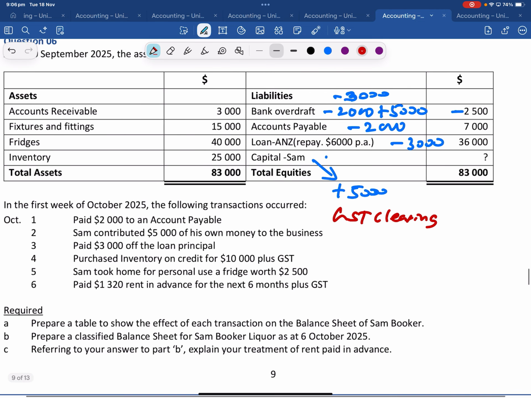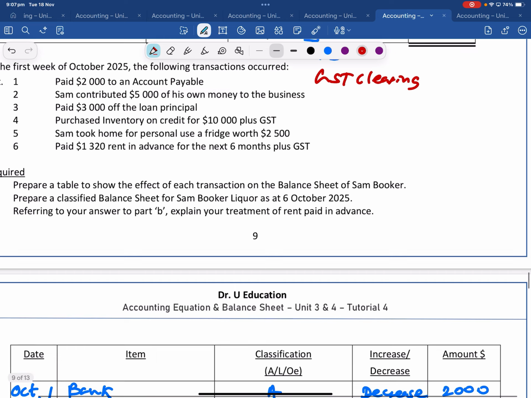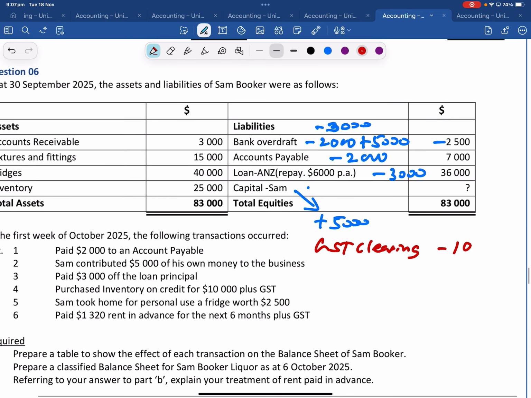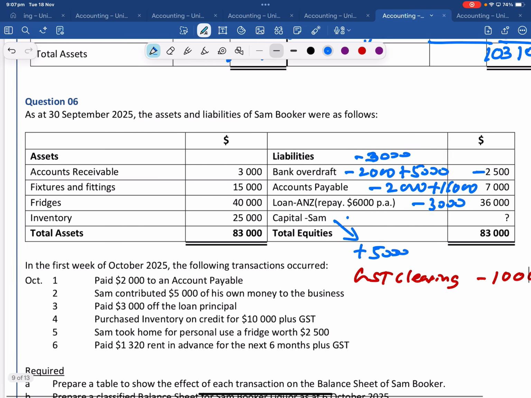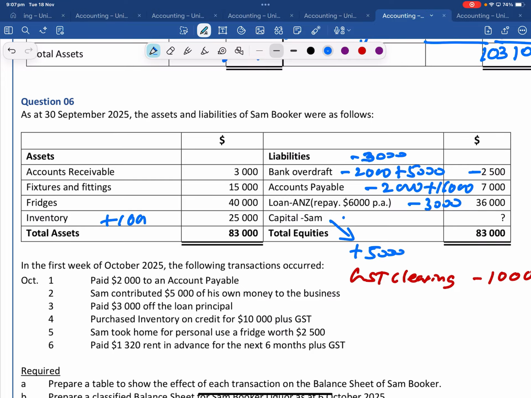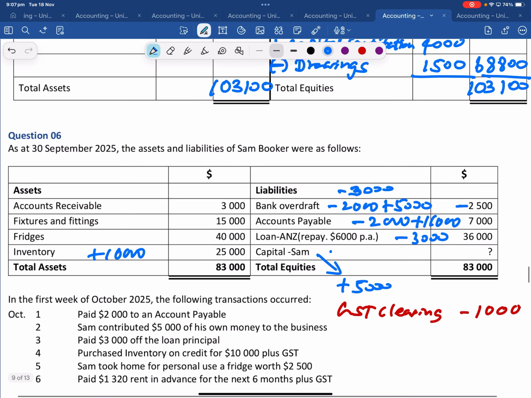GST clearing, we said decrease, right? Then I'll put minus 1,000. And then accounts payable, what happened guys? Accounts payable plus 11,000 and inventory plus 10,000. Okay. Next one.